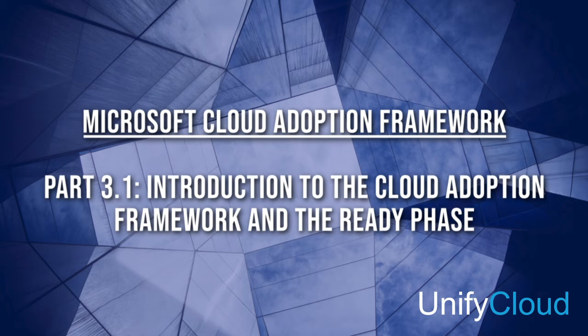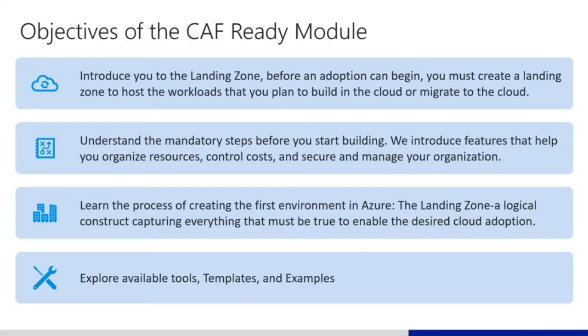The objective of today's session is four major objectives we are going to talk about. First and foremost, we are going to talk about landing zone, what it is, why it is important, and how you create different kinds of landing zones for different workloads. Once we discuss landing zone, we start talking about how you expand it for introducing new workloads which have more critical requirements on compliance and cost and other things.